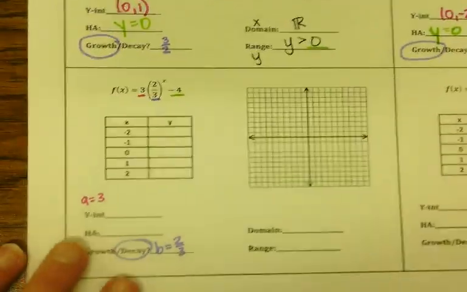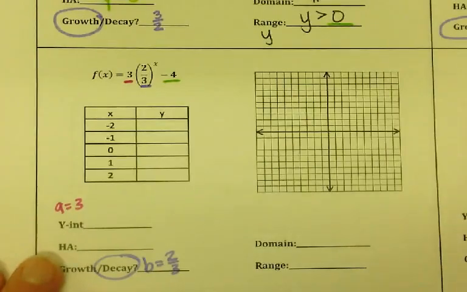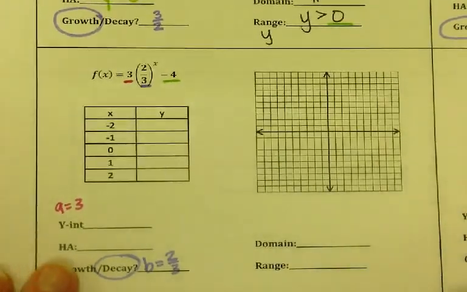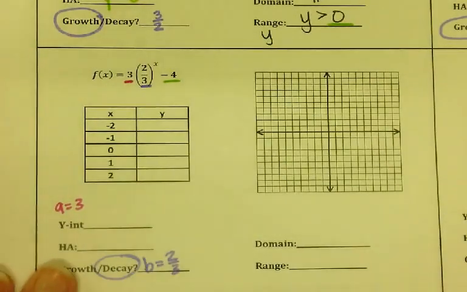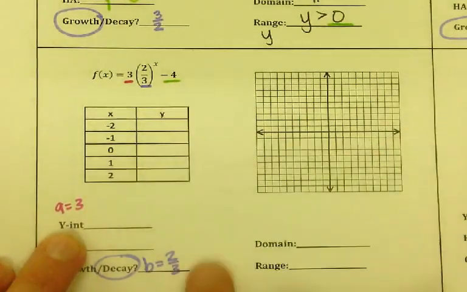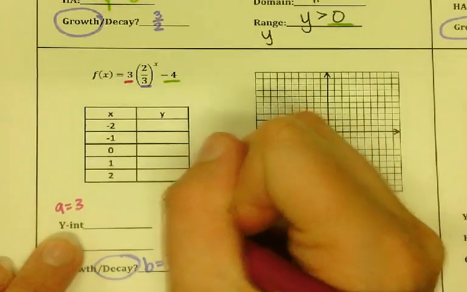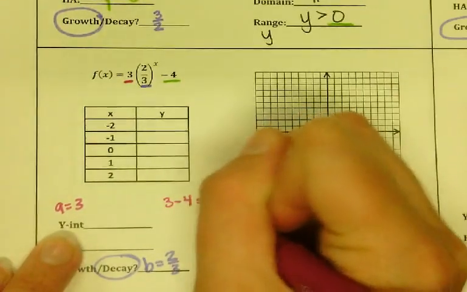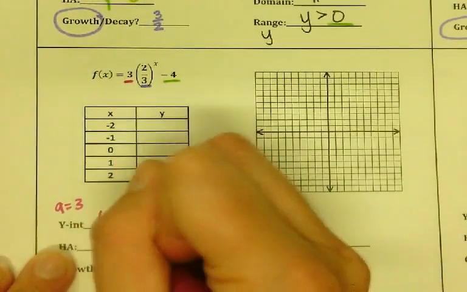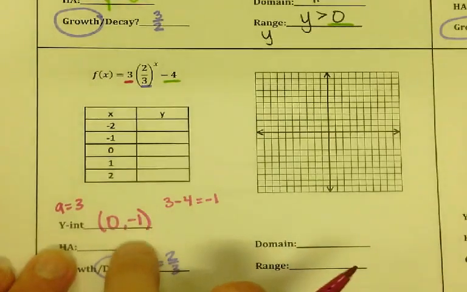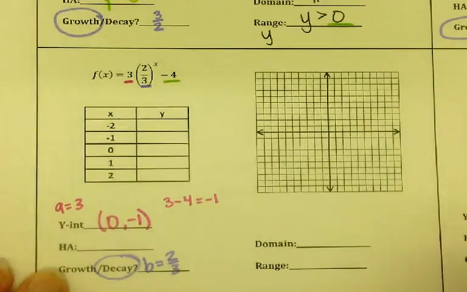So down here, our horizontal asymptote should be at -4. But guys, if my a value is 3, then my y-intercept is also going to be shifted down 4. So we would look at this and say, okay, 3 minus 4, so that would give me a -1. So my y-intercept is actually going to be here at -1.